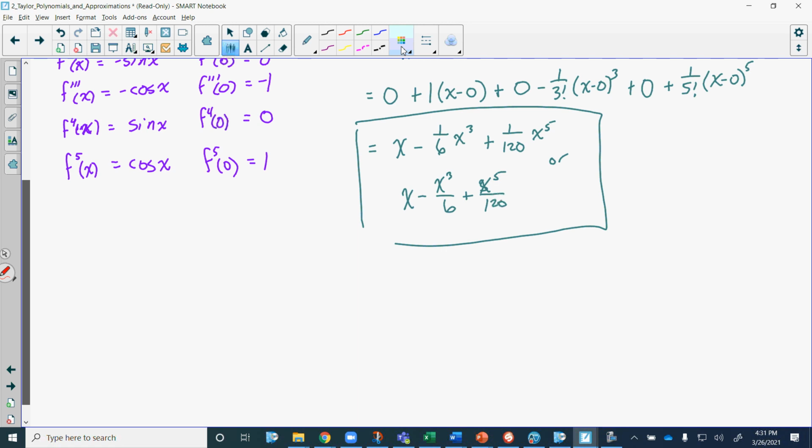And so I can look at it generally as x minus x cubed over 3 factorial plus x to the fifth over 5 factorial. And if we kept going, every other odd degree term is going to be negative. So the next one would be x to the 7th power over 7 factorial. We could kind of keep going with that.